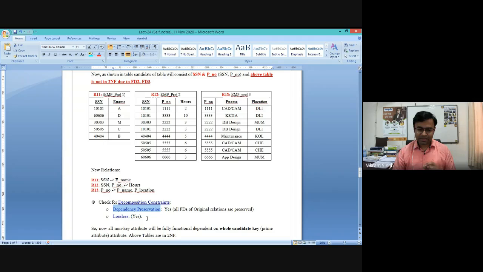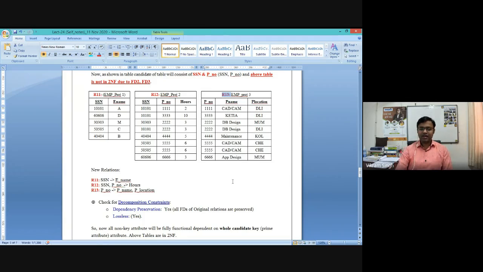Second constraint says whenever we are decomposing a relation into sub-relations like we have just done, there should be at least one attribute common between pair of tables. So it is like R11 और R12 में एक attribute common होना चाहिए, R12 R13 में एक common होना चाहिए, R11 और R13 में एक attribute common होना चाहिए.